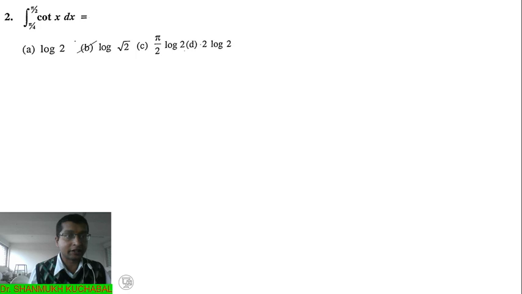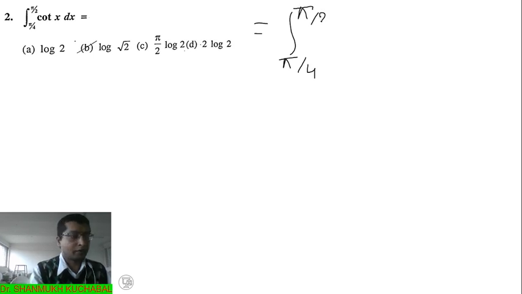It is the integration from pi by 4 to pi by 2 of cot x dx. So we integrate this.